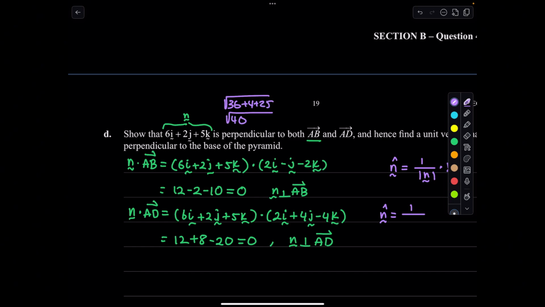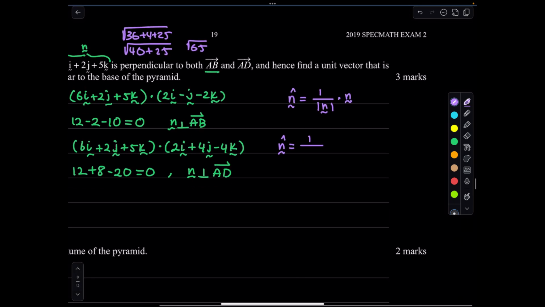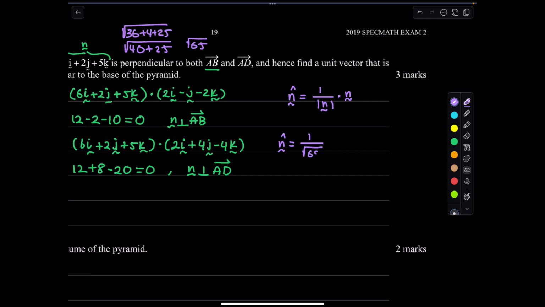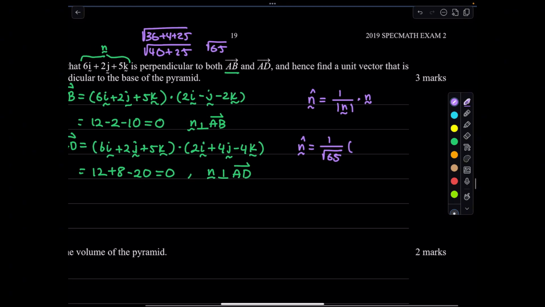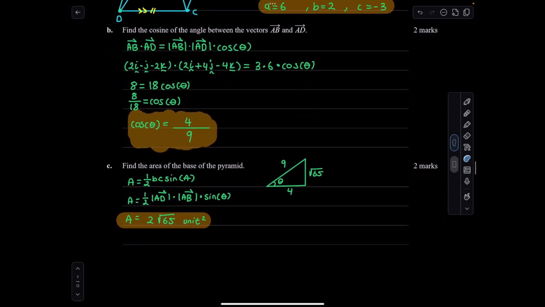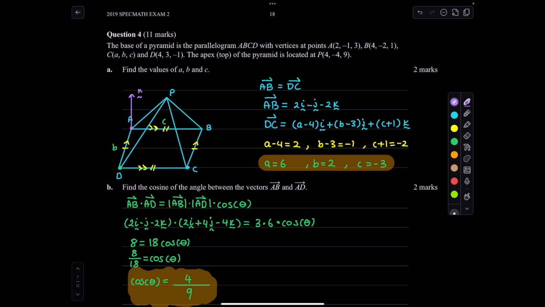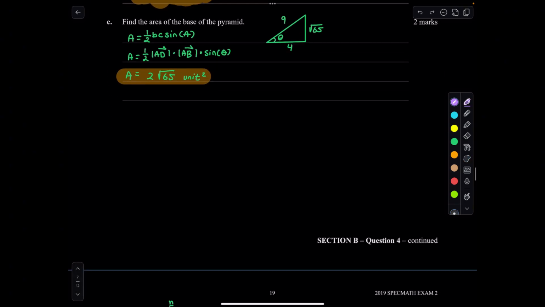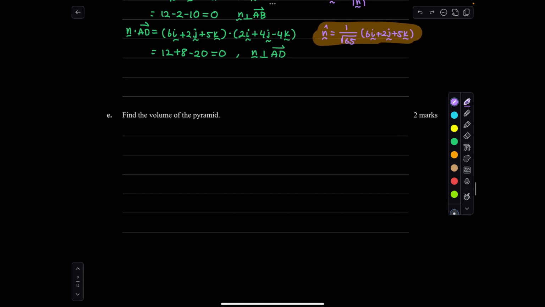That's 40 plus 25, root 65. So it's 1 over root 65 times n, which is 6i plus 2j plus 5k. Done. That's the unit vector, with a magnitude of 1.